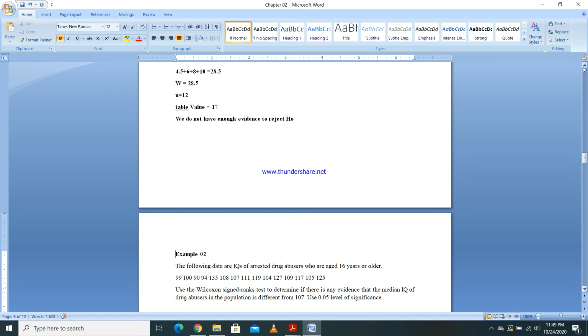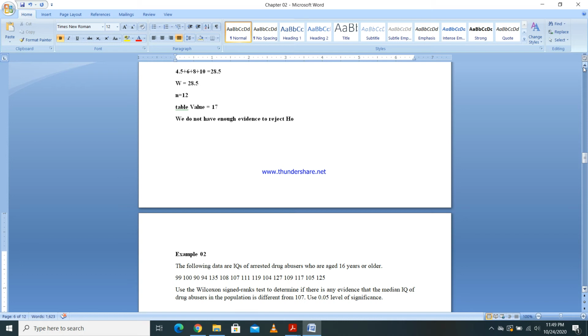Okay, so this one says the following data are IQs of arrested drug abusers who are aged 16 years or older. So we have to use the Wilcoxon signed rank test to determine if there is any evidence that the median IQ of drug abusers in the population is different from 107. So you have a sample of IQ values, right?